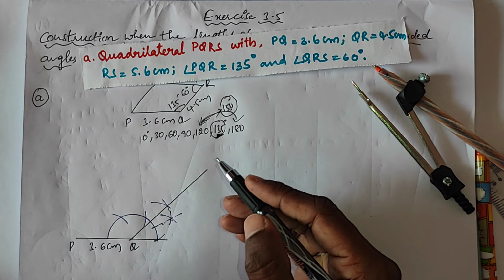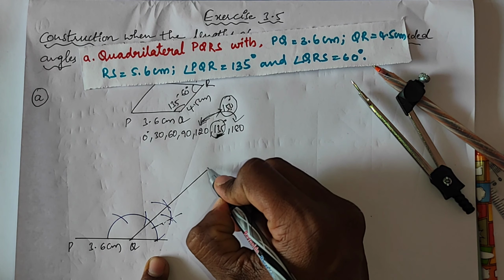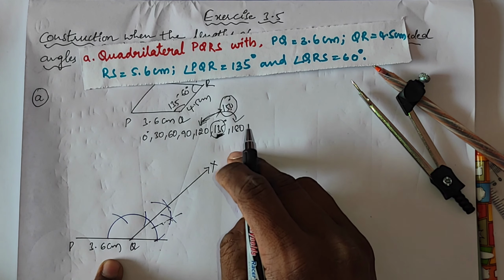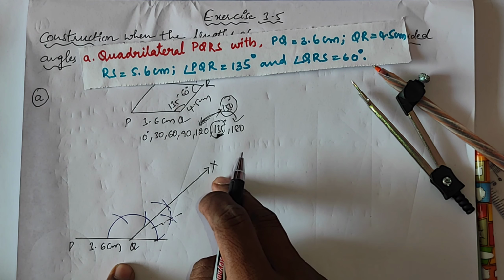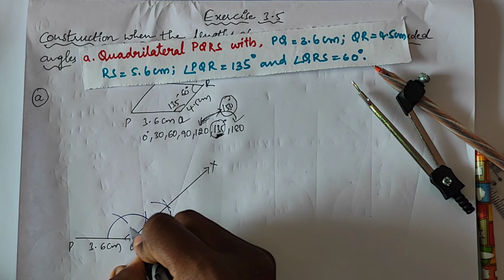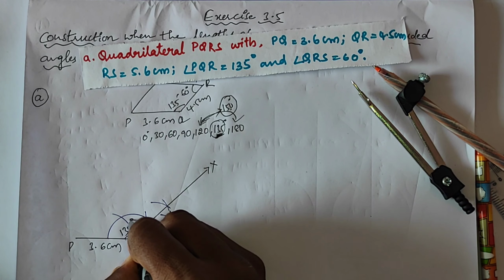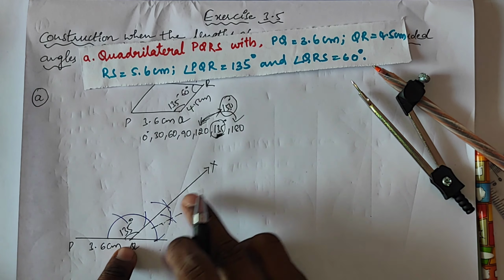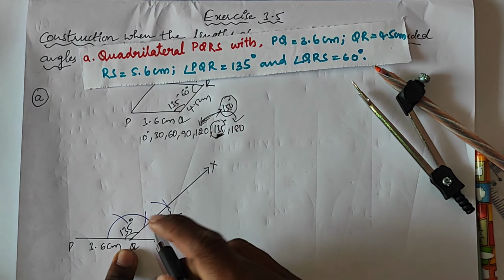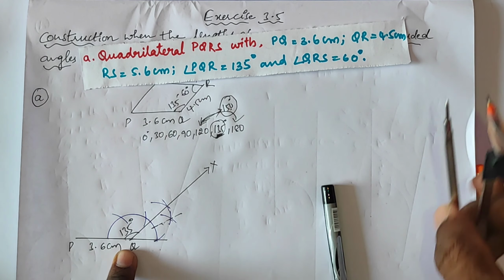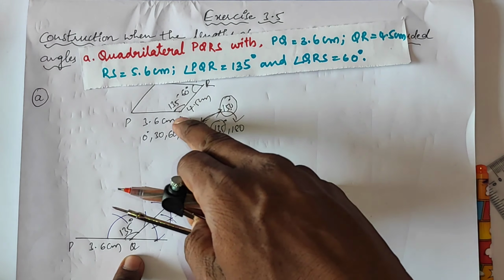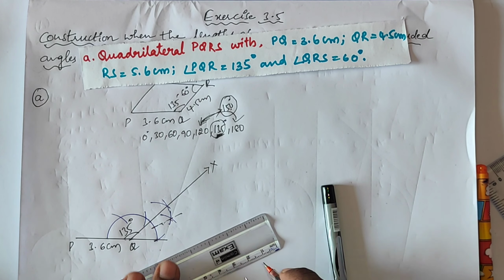From point Q to X, drawing QX as a ray, and angle PQX, nothing but how much is there here? 135 degrees. Okay, I am saying with a ray here. But the Q to R measure is given as how much here? 4.5 centimeters.